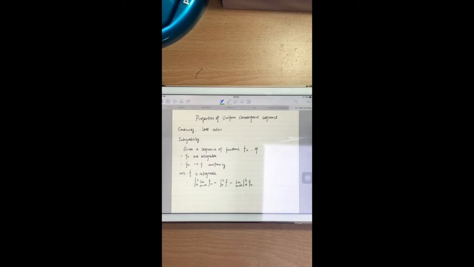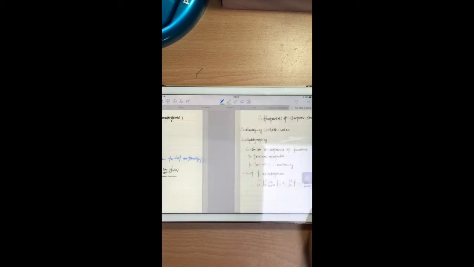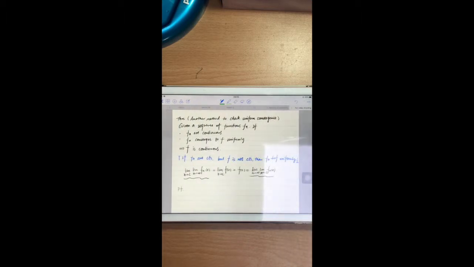When we look into the properties of uniformly convergent sequences, we mainly look at the limit function, the function that is being uniformly converged to, the function f. In the last video I already showed you the theorem about continuity, so let's go back and see it.